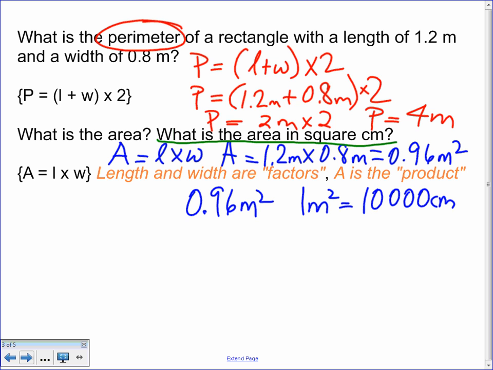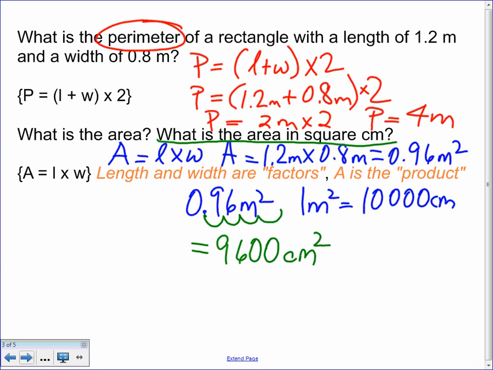To find my measurement, am I going to multiply or divide? I'm moving from a larger unit to a smaller unit, so I'm going to multiply. 4 zeros in 10,000 tells me 4 places. So how many centimeters? 9,600 centimeters. Remember, we're still talking about area, so we're talking about squared.